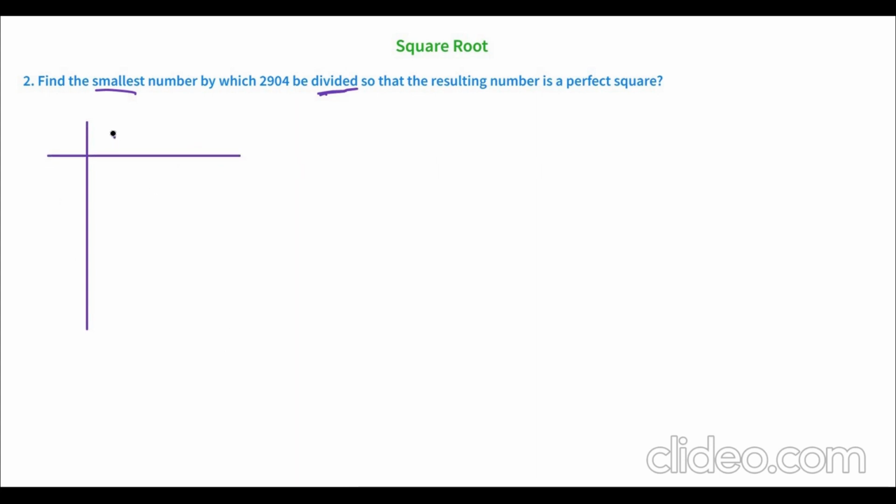So 2904. Since this is an even number, this will be divisible by 2. So this is 1452, and this would be further divisible by 2. So we get 726. This will be further divisible by 2.